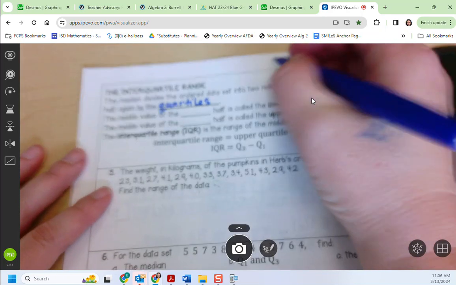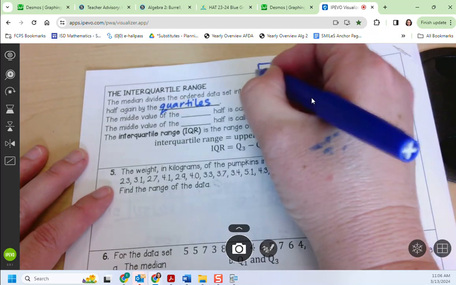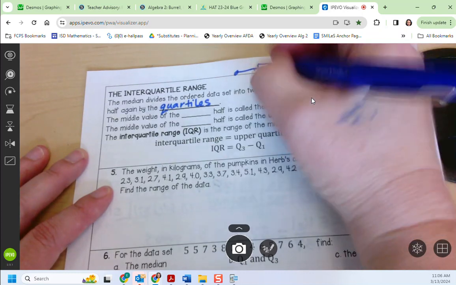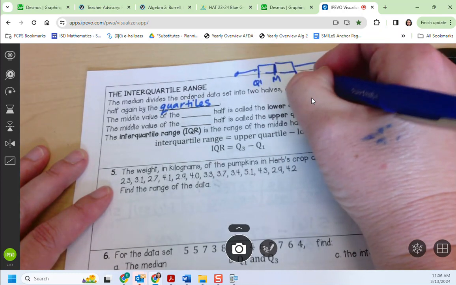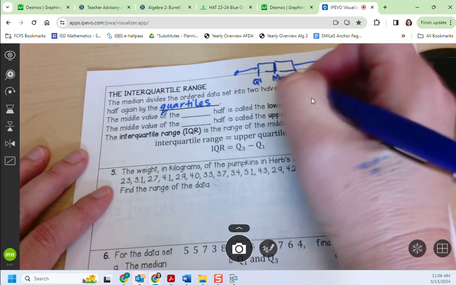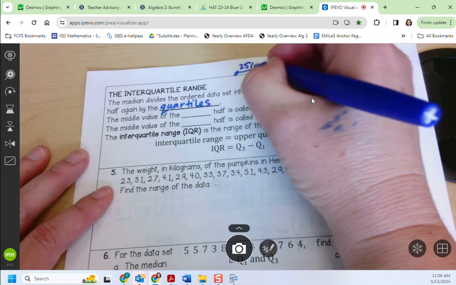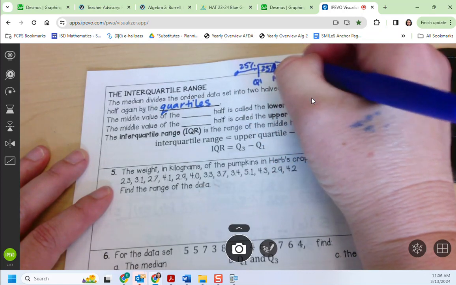But if you think about a box and whiskers plot from way back, this would be your median in the middle, and then this is your first quartile, and then this is your third quartile. And between the median and the quartiles, they break your data into 4 sets of 25%. 25%, 25%, 25% and 25%.